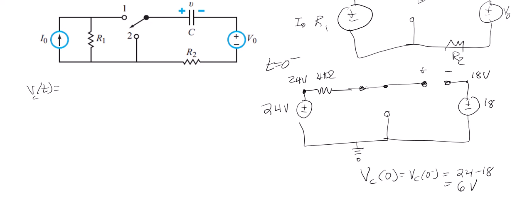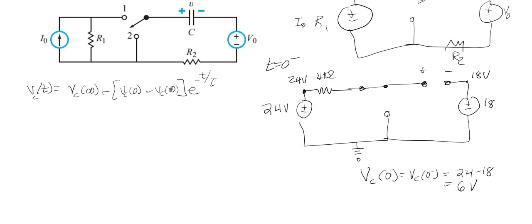So VC of t equals VC at infinity plus VC at 0 minus VC at infinity, e to the minus t over tau. So we found VC of 0. We also need to find VC at infinity, and we need to find tau.